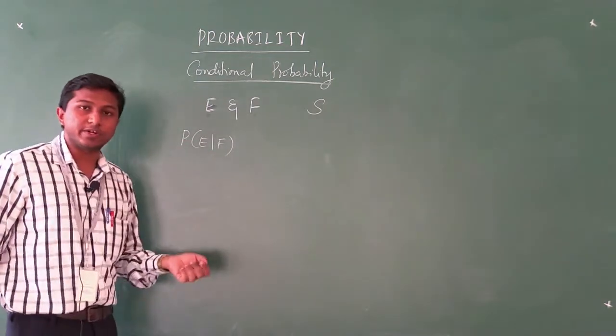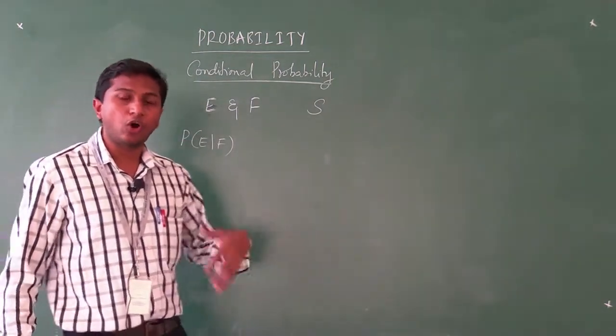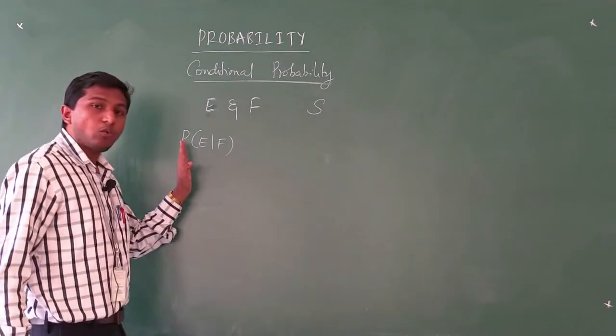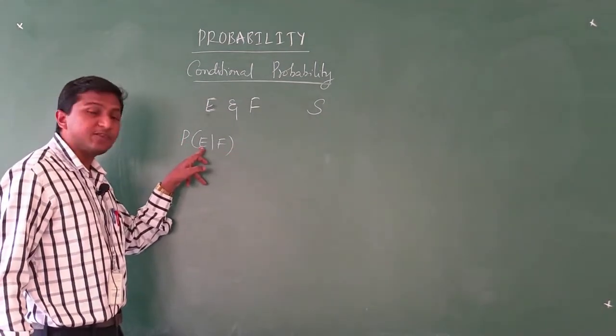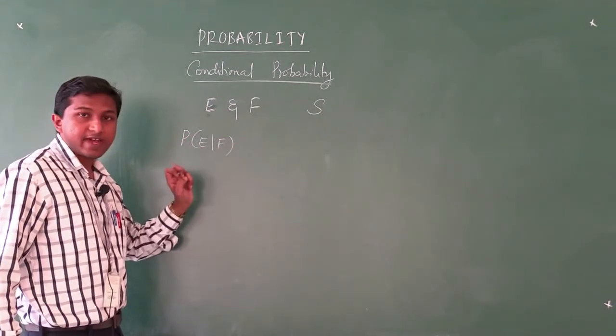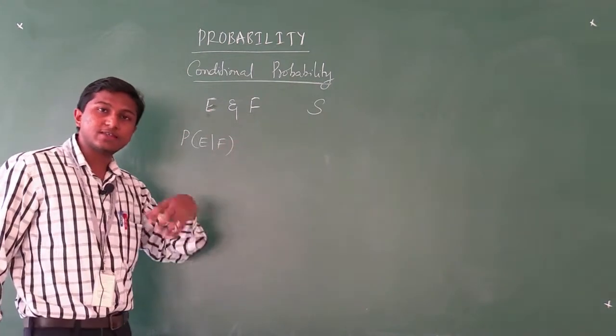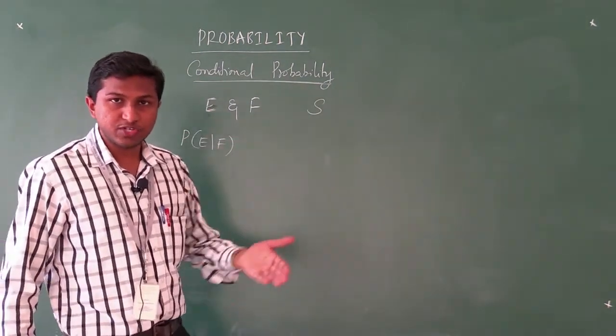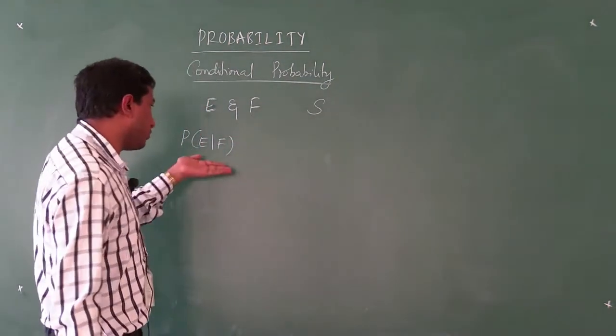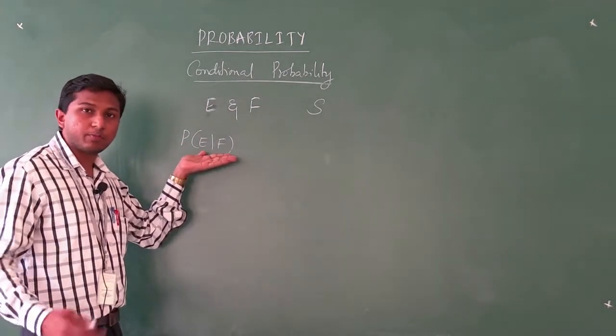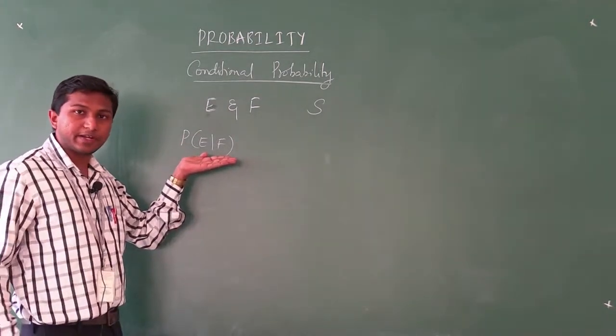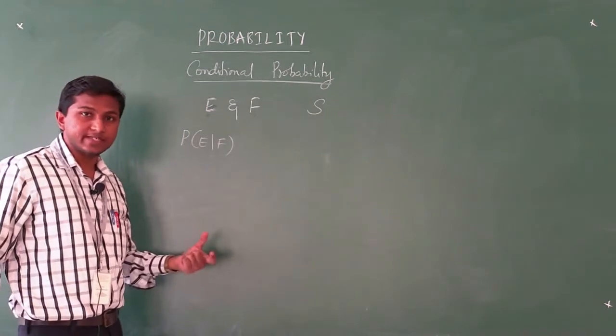In other words, conditional probability means the probability of event E given that event F has already occurred. Remember this point, because while solving problems under conditional probability, this idea is important.